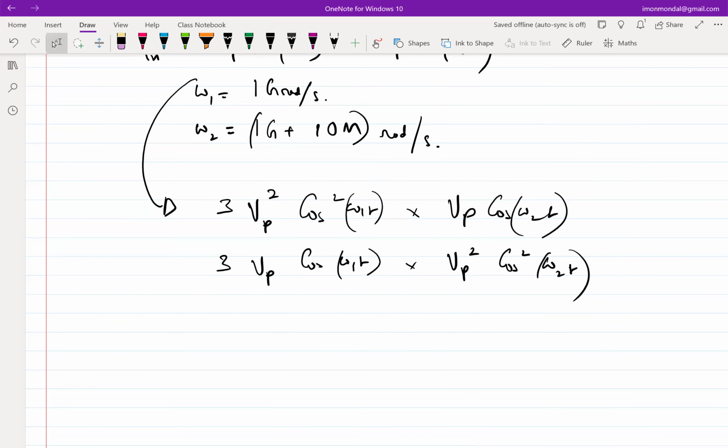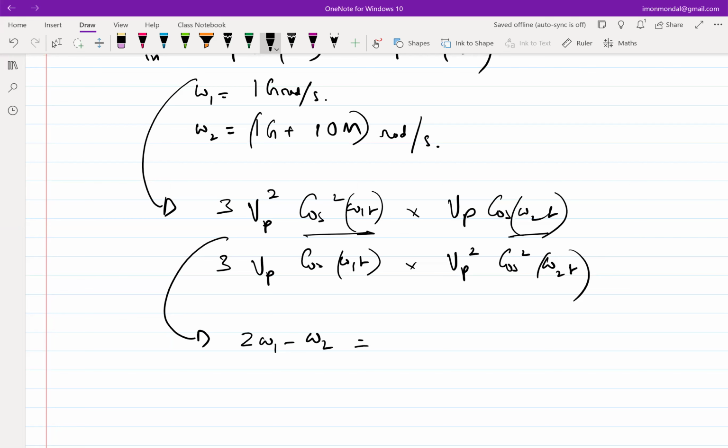Now, these terms are important because if I expand this, this will give me 2 omega 1, and this is omega 2, and the 2 omega 1 and 2 omega 2 are multiplied with each other, which means I can further use a trigonometric identity to break it up as 2 omega 1 plus omega 2 and 2 omega 1 minus omega 2. So what is happening at 2 omega 1 minus omega 2?